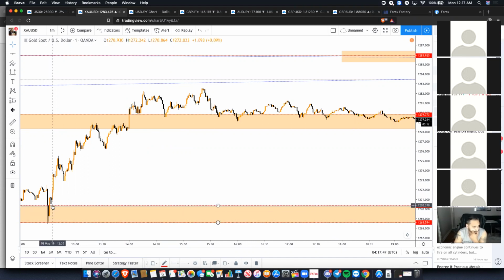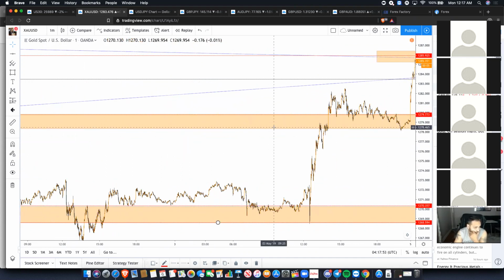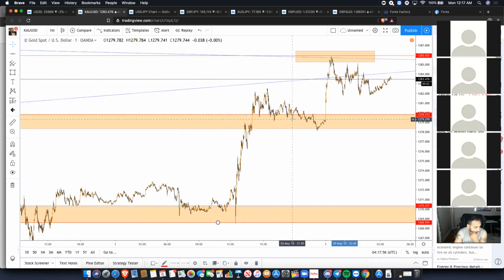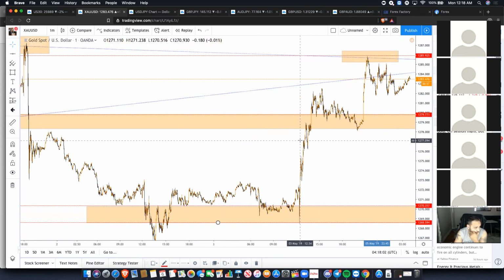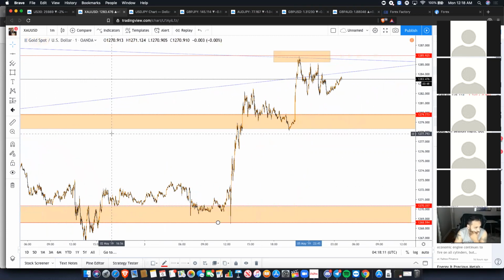The market shot up, broke out, retested, kept going, retested every price point, and kept going up. The main reason, like I said, when I selected 1277 as my first take profit, when you look left, that was just the previous high before the market broke down to the downside. So gold is definitely looking good.